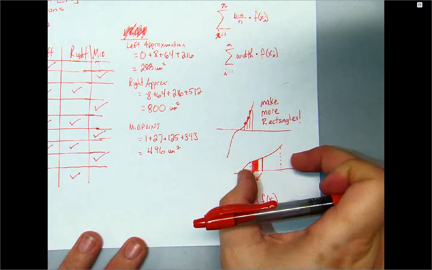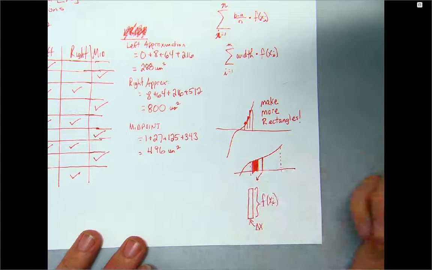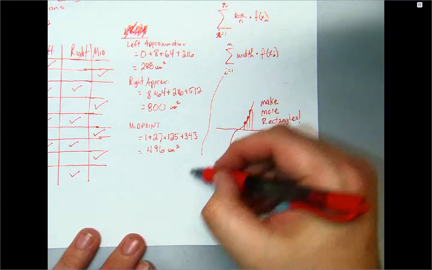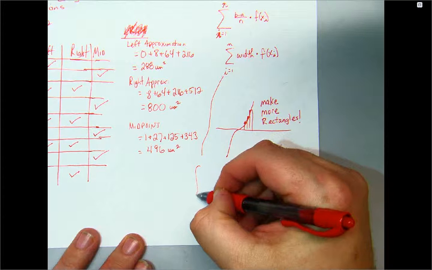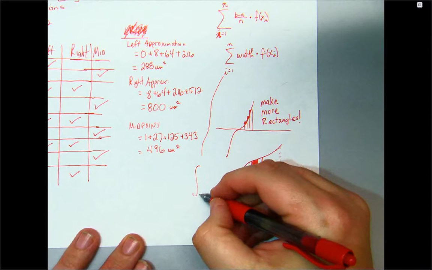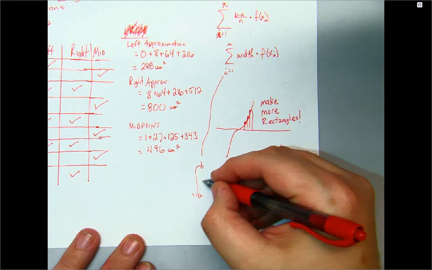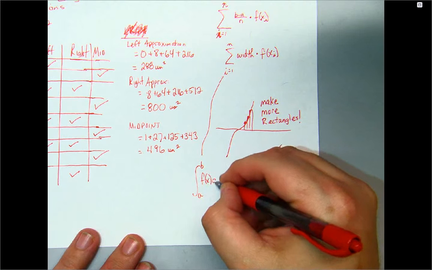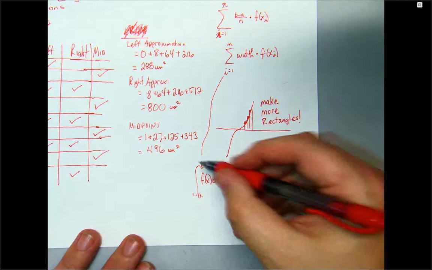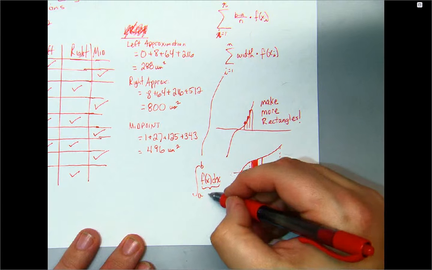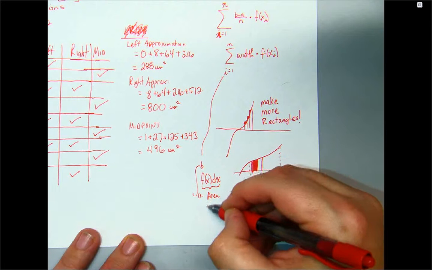What this summation starts becoming is this, where this is the area of the rectangle.